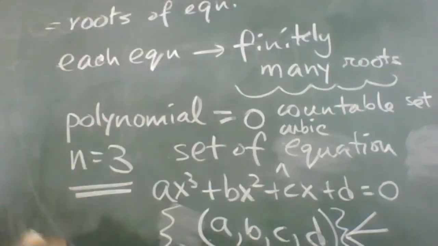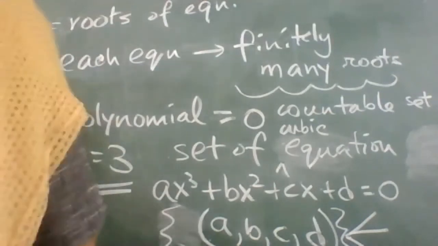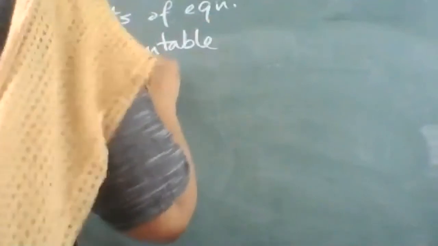So the total collection of real algebraic numbers is basically a countable collection of countable sets of countable roots, if I put it that way.